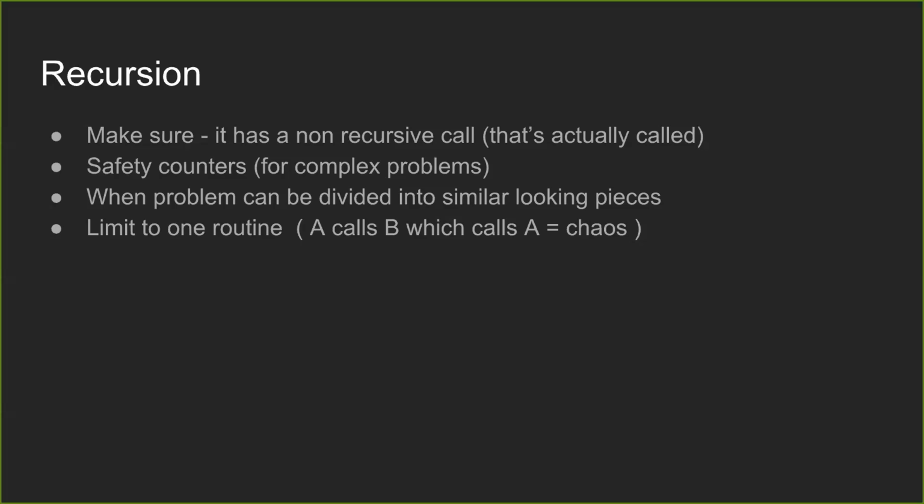For complex problems that can have a lot of calls on the stack, and if it's not a tail recursion, you could use safety counters. It's basically a variable that you pass down.